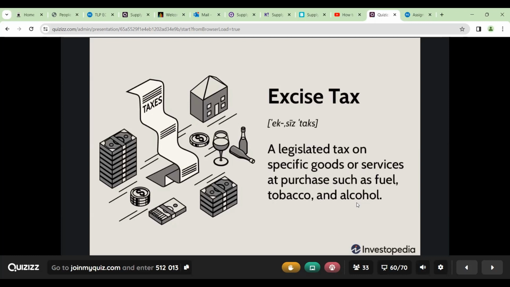They just constantly buy it. So the government will make a lot of money on the taxes because people will still buy it regardless. That's why the government taxes these things: partly because they're bad in certain cases, for the environment, health, etc., and also because they're going to make a lot of money since people will still buy these things regardless of the price. So they do that for those two reasons.